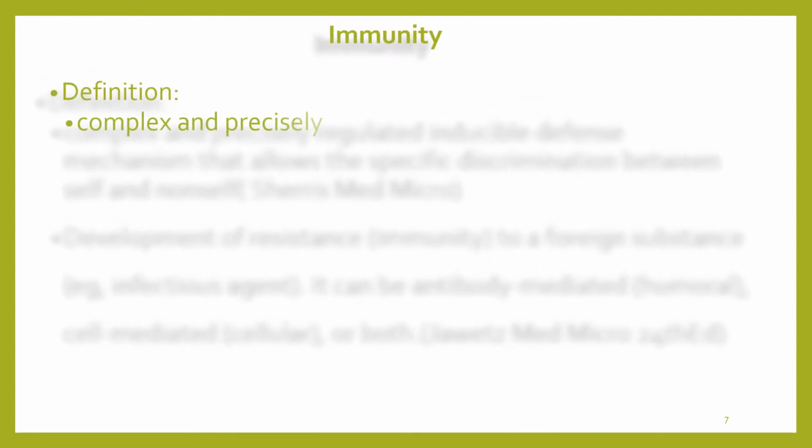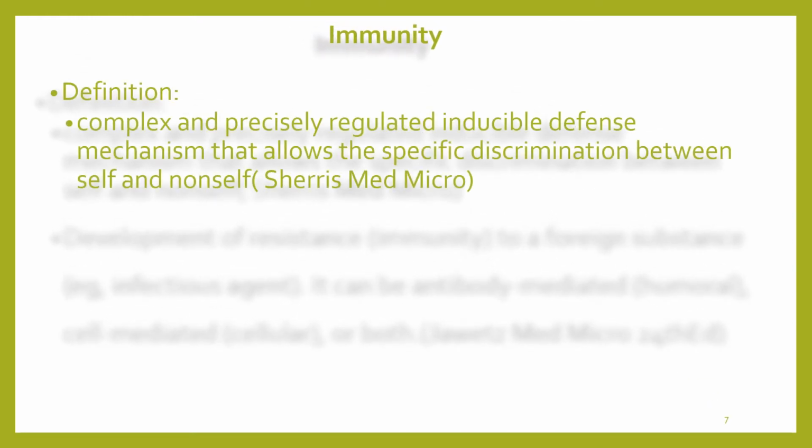So what is immunity? There are different definitions. We can Google it up, and there are so many definitions. My first definition came from Sherris Medical Microbiology. Immunity is defined as a complex and precisely regulated inducible defense mechanism that allows the specific discrimination between self and non-self.